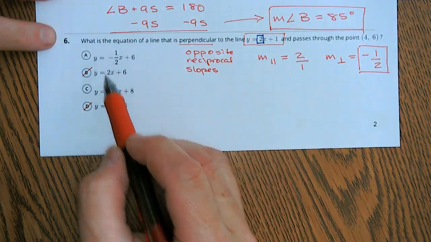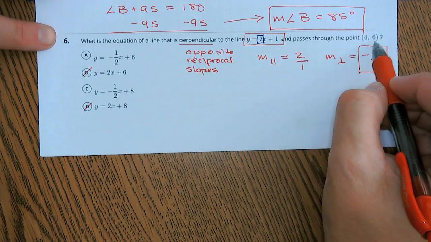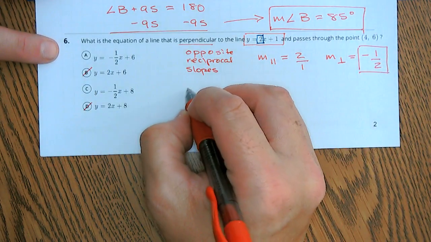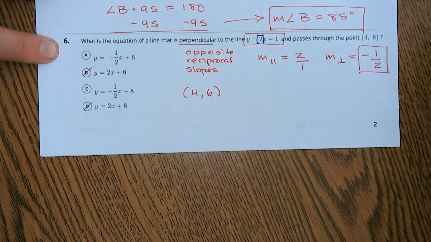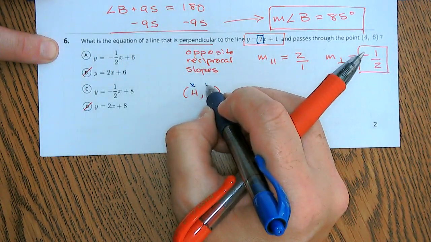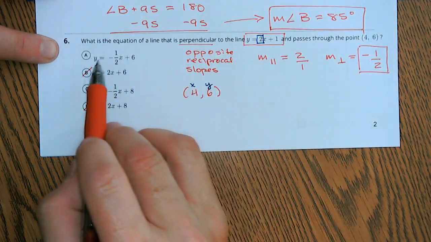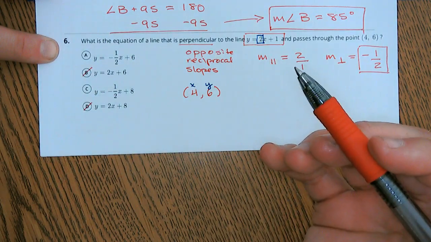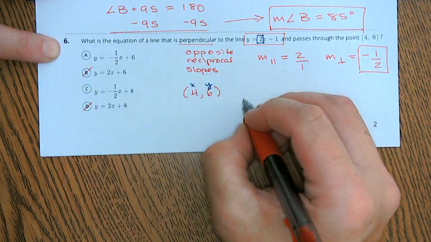Now we have to figure out which one is which. How do we do this? Well, remember that they gave this point (4, 6). That's a coordinate, our x and y. So what we're going to do is put these values into each of these equations and see which one gives us a true statement. So let's try the first one.